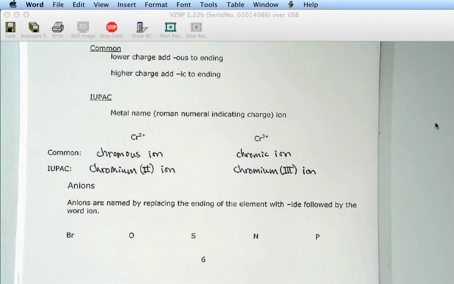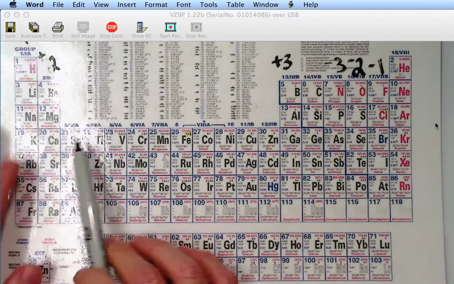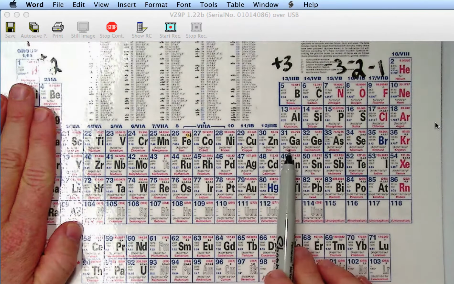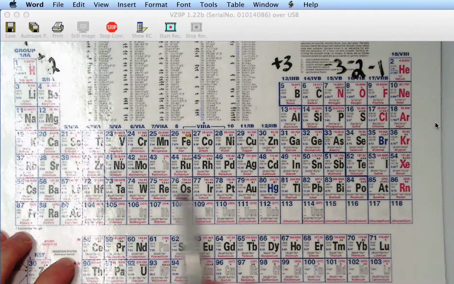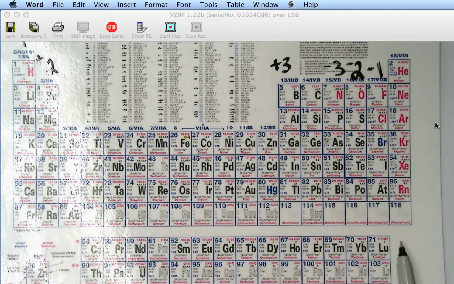And that goes for not just the group in between the metals and the non-metals, but also this bottom group too, the inner transition metals. Remember, your transition metals go from here all the way to gallium, all the way to tin, all the way to bismuth. And then you have your inner transition metals.